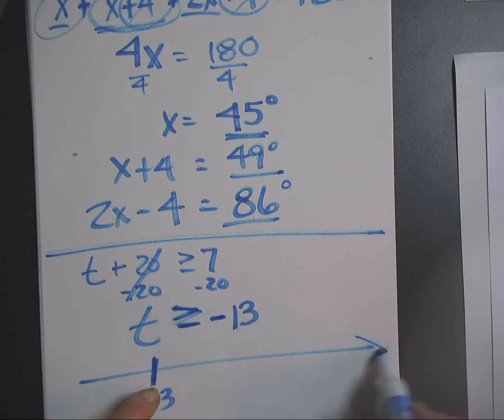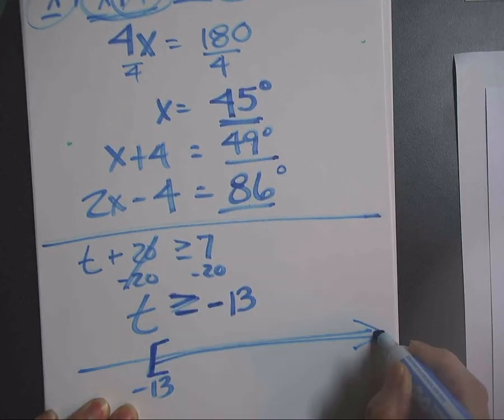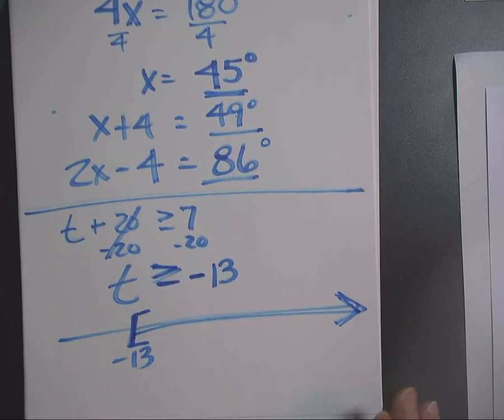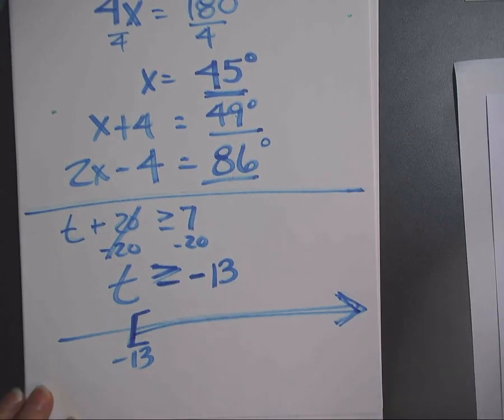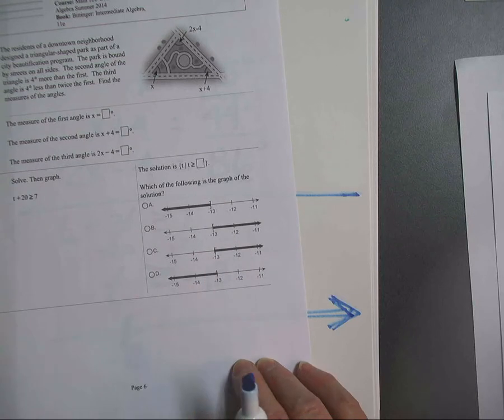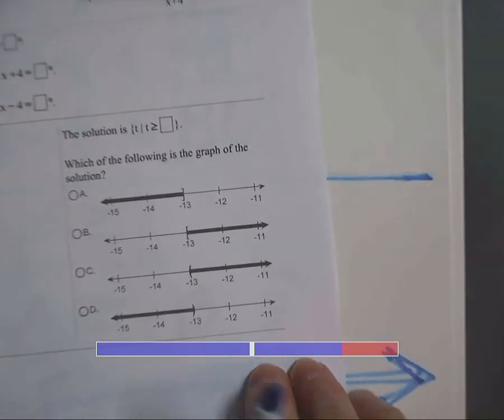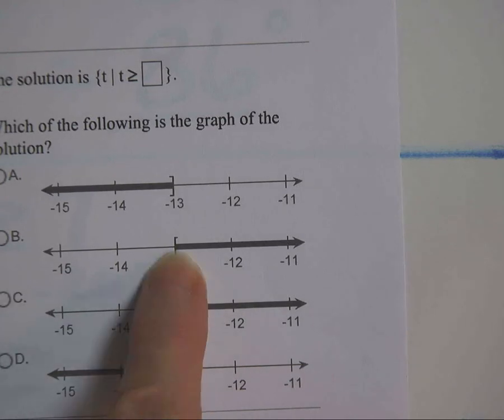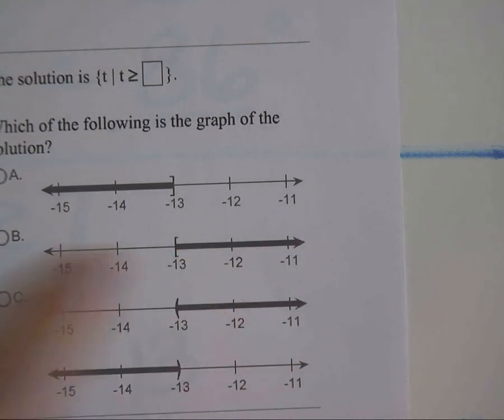It goes this way, so we'll put the bracket going that way, and it keeps going to the end. So there's your graph. We know it doesn't go back, so it's one of these. And one has a bracket, one has a parenthesis. It's letter B. Letter B, yes.